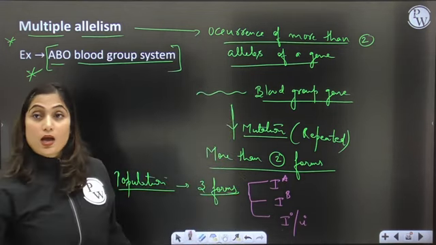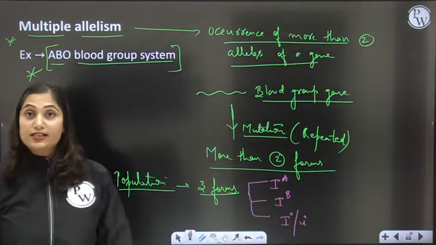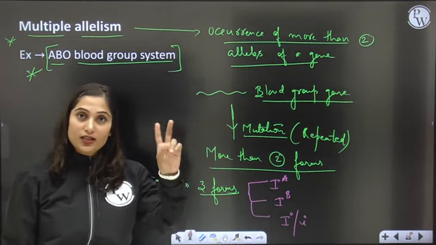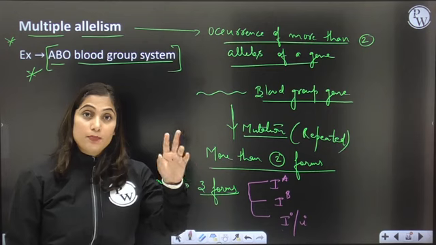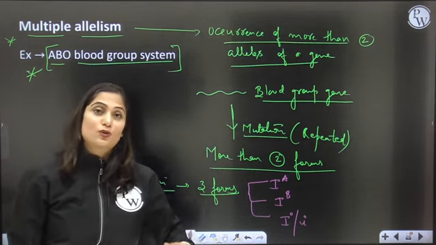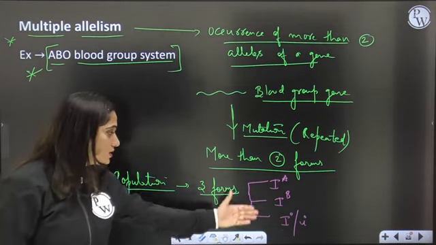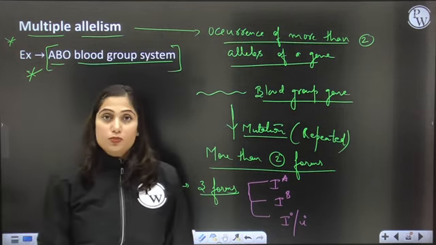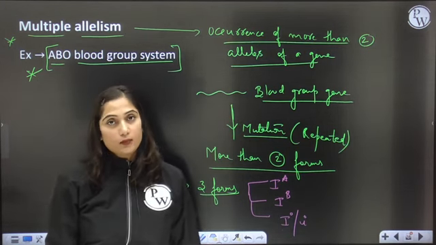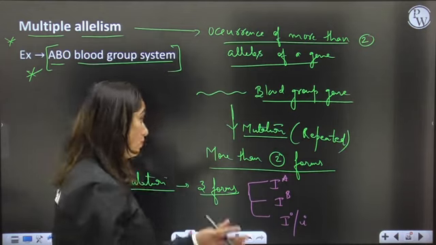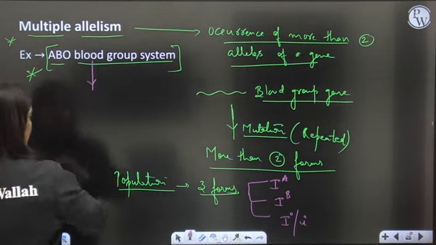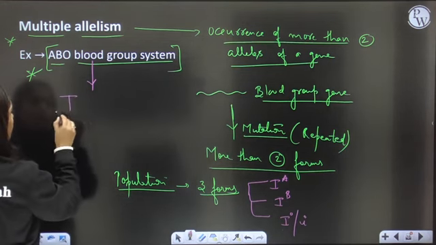These are three alleles, three forms of the same gene. Usually there are two alleles, two forms of the same gene. But in multiple allelism, a same gene has more than two forms. Here you can see there are three forms of the blood group gene. This is multiple allelism. But what you have to remember here, beta, is that multiple allelism is a trait of population.